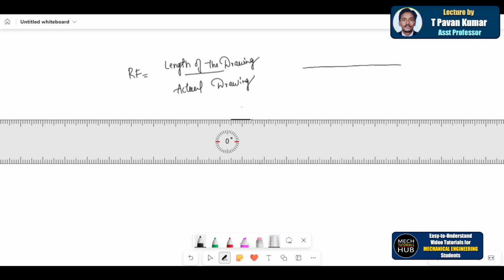Now let us consider from here to here 10 mm, 20, something like this. Till this point I'm calling it 10. Then this is some line, I'm dragging a line. Now with this scale, whatever scale you are using, with the help of a drafter or a single scale, you can measure centimeters and millimeters.